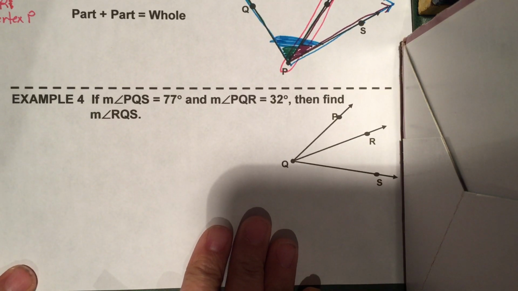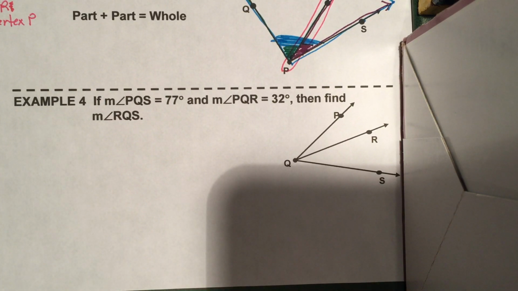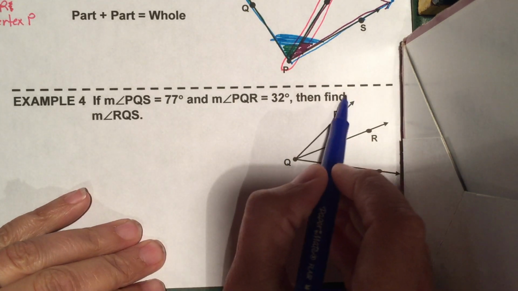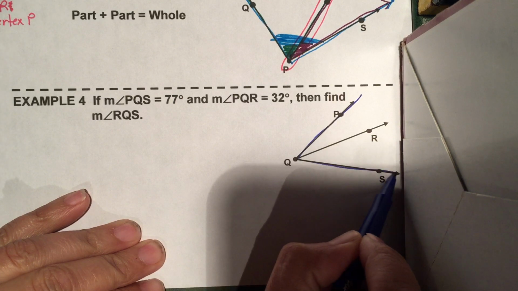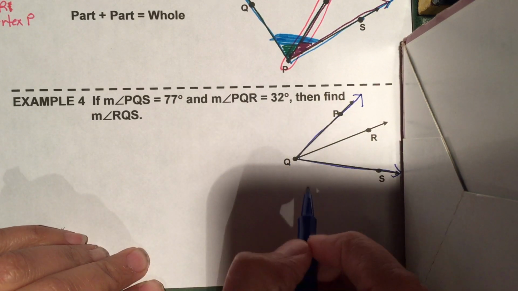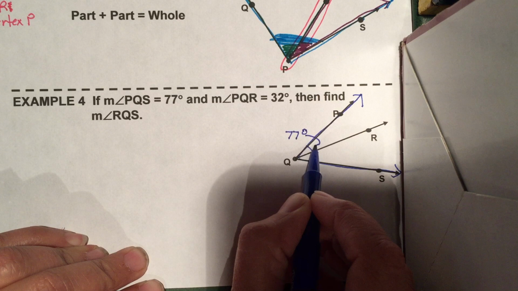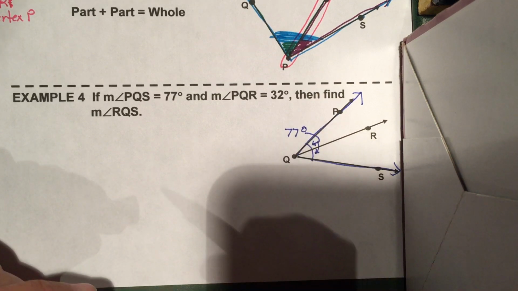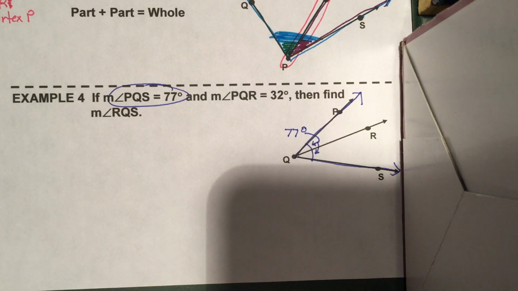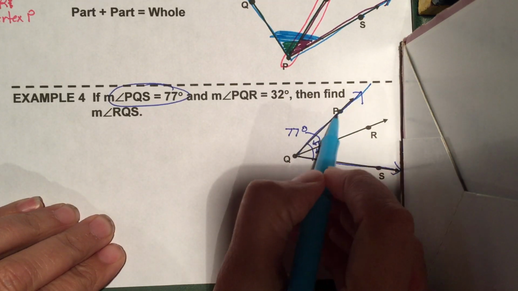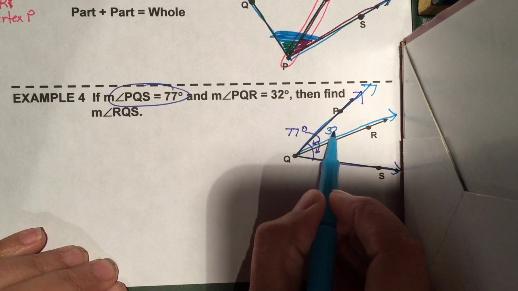So let's look at example 4. Example 4 says if the measure of angle PQS, which is this larger one, both of these combined, is 77 degrees, and the measure of angle PQR, which is just this one right here, is 32 degrees, then find the measure of angle RQS.